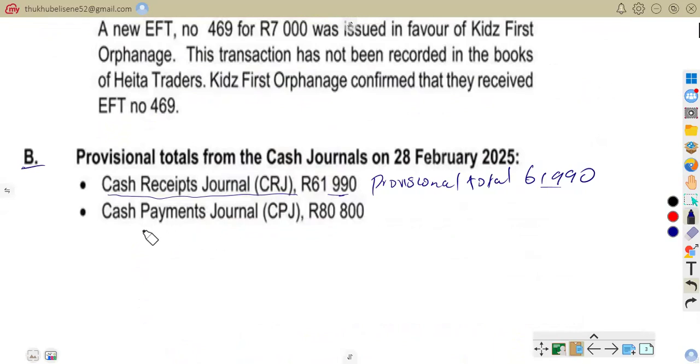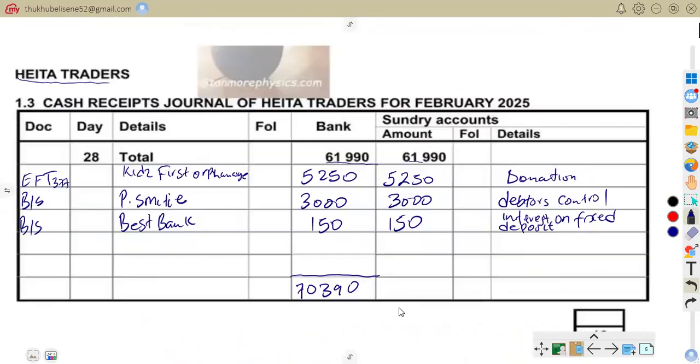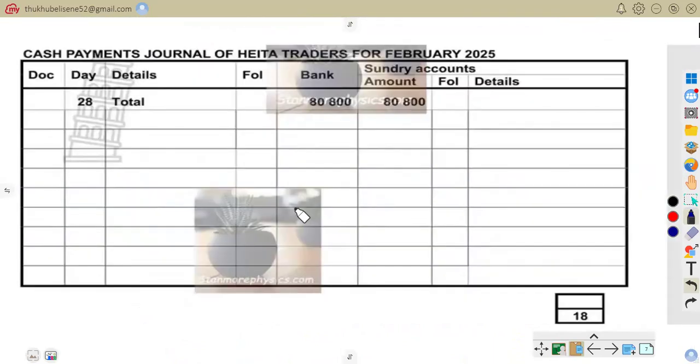So here is our cash payment journal, and our provisional total is 80,800. Now let us record it under the cash payment journal. You can see it's already given, like the one for cash receipts.